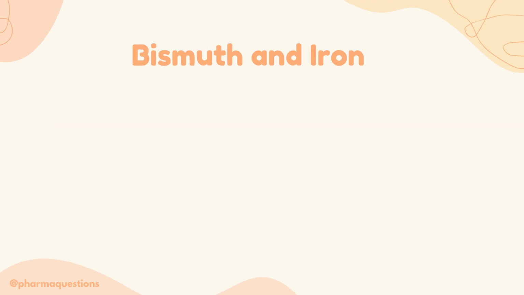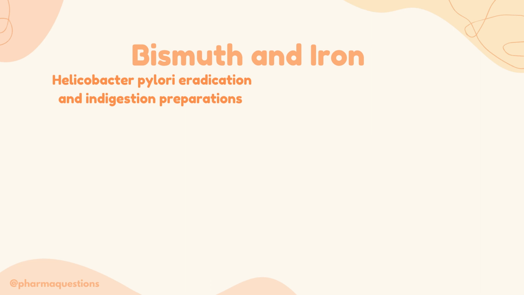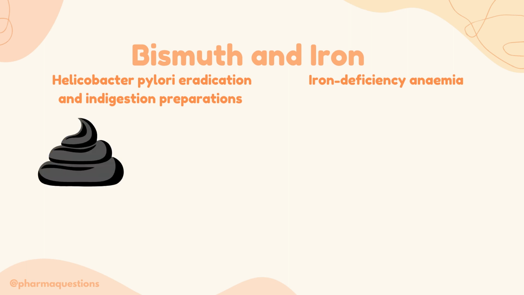The next two drugs we'll take a look at are bismuth and iron. Bismuth has an unlicensed use to treat H. pylori infection, and it can also be found in some indigestion preparations. And iron is, of course, used to treat iron deficiency anaemia.